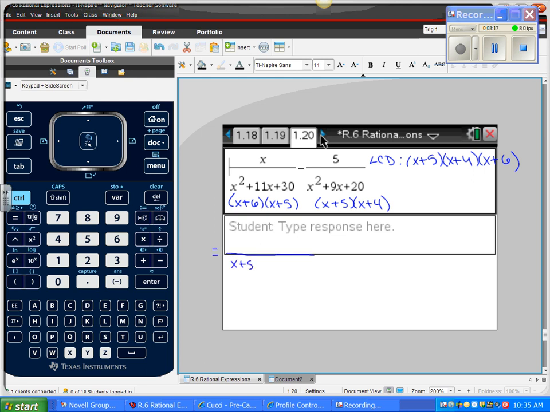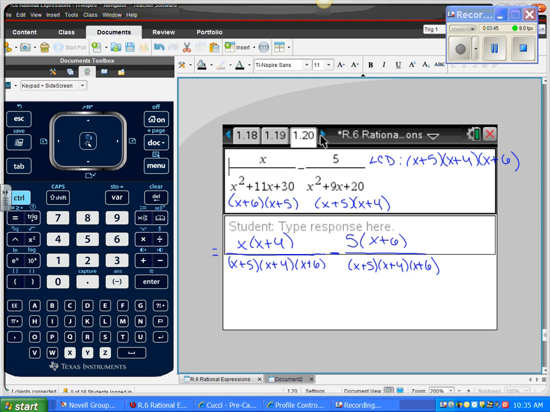x plus 5, x plus 4, x plus 6, minus x plus 5, x plus 4, x plus 6. So what did I have to add on? First fraction, x plus 6 and x plus 5 are already there. I tacked on that x plus 4, so that gets put in the numerator. Second one, I had to tack on that x plus 6.